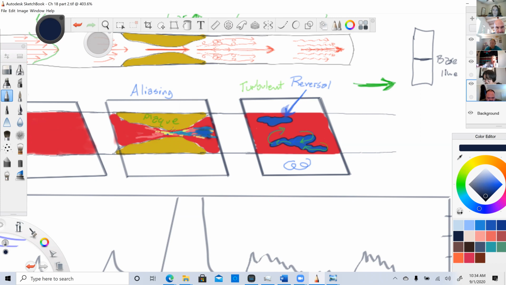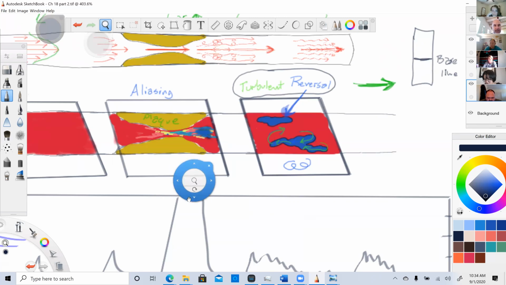You could see when I drew this in here, there's no black around it. It goes from one color to the next without a baseline in between. This one here has that baseline shown. Okay, so we have aliasing and reversal. In this case, it looks like turbulent reversal. Let's look at our pulse wave and see what that means.